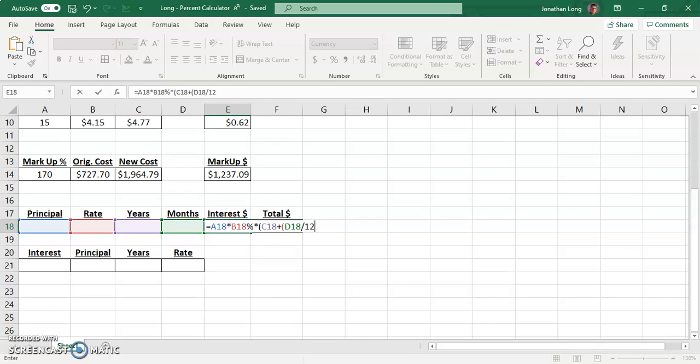close that parenthesis. All right, so now take a look at what we have. We have principal times my rate as a percent, which will automatically move the decimal twice to the left, times time. In my time, I have years. If it was a number of years, there would be a 0 in for months. So this will all cancel out and I'll be done. If I don't have any years, that would be a 0. And then I've got to figure out a month's number.